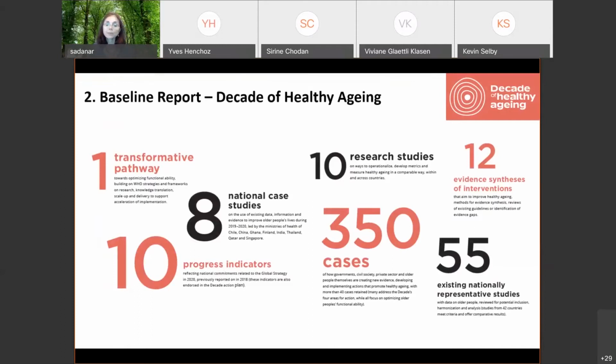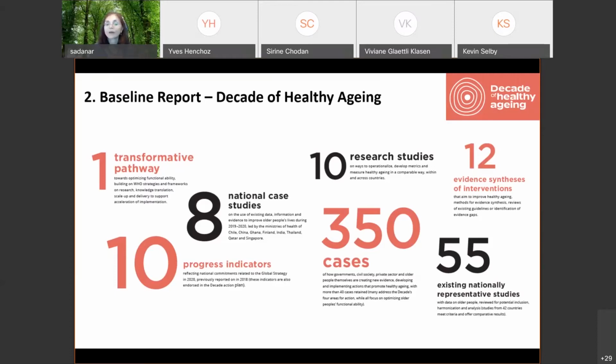We put together a transformative pathway to optimize functional ability, which draws on WHO's existing research, knowledge translation, and scale-up strategies, and I will show that later. We conducted 8 national case studies with ministries of health and leading other national institutions that considered what kind of data they have, and more importantly, how they are using that to actually make decisions to support older adults.